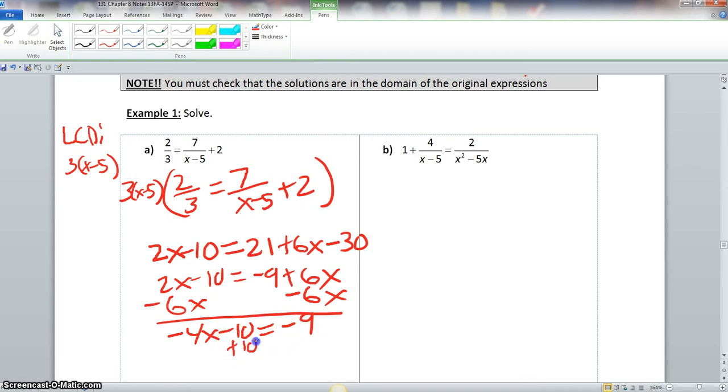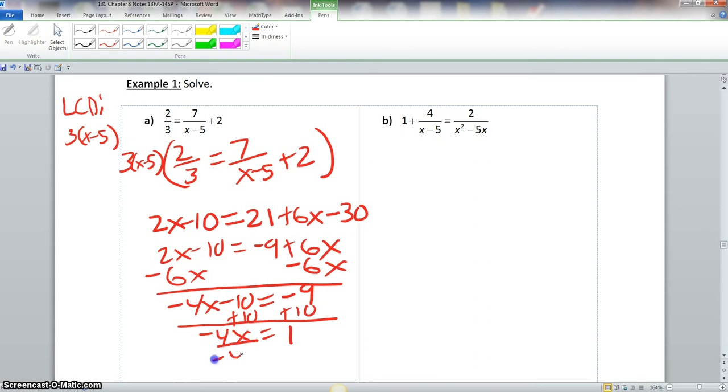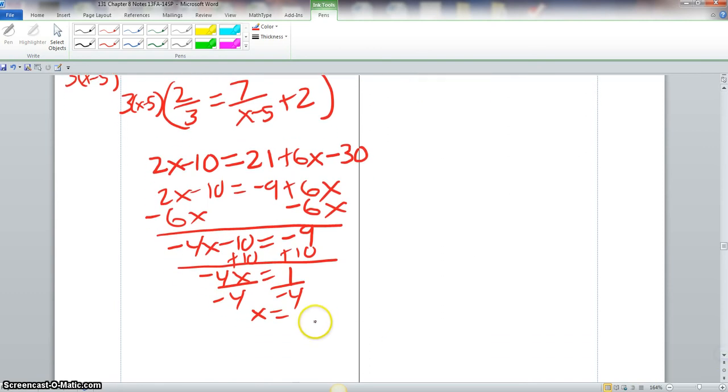Now, we will add 10 on both sides, and we will have negative 4x is equal to 1. Now, we will divide each side by negative 4, and x is equal to a negative 1/4. And that is our final answer.